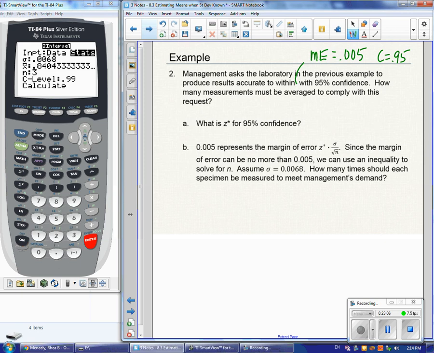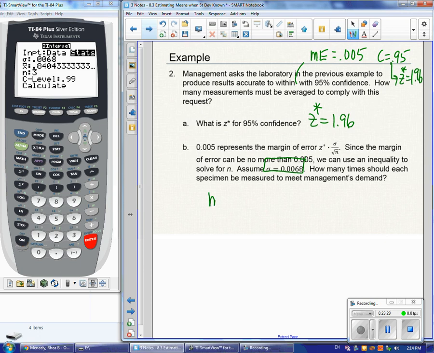We already know with a confidence level of 0.95, that gives us a z-score of 1.96. So that's fixed. My margin of error is fixed. We were given the standard deviation in the problem to be 0.0068. So all I need to do is solve for n.